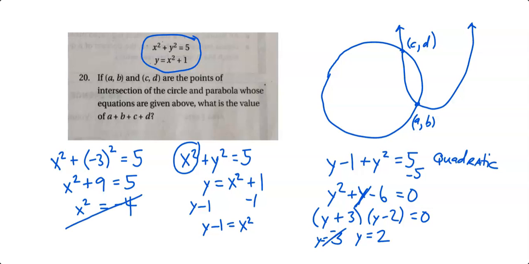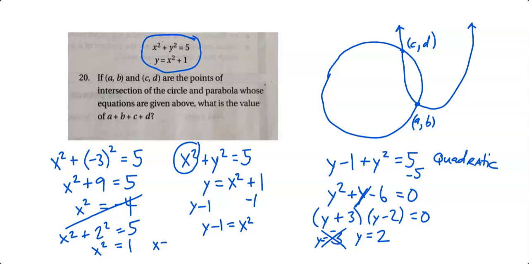Let's try the other one, the y equals 2. Now we've got x squared plus 2 squared equals 5. And then x squared plus 4, subtract the 4 would give us x squared equals 1.